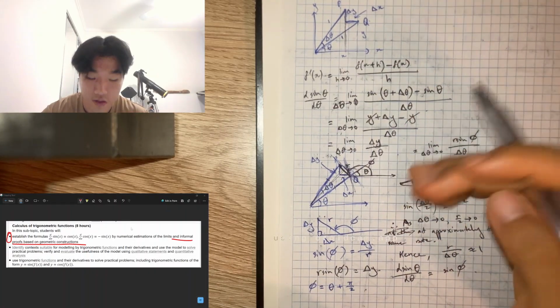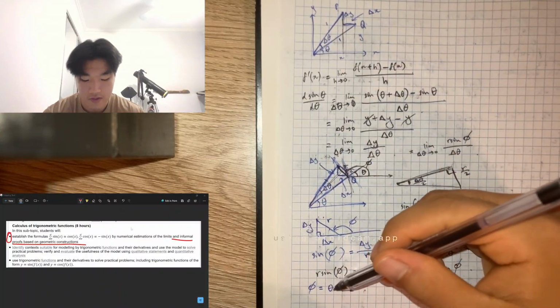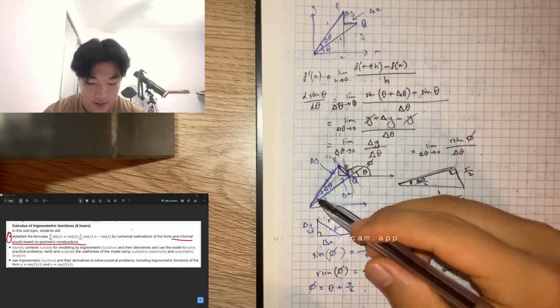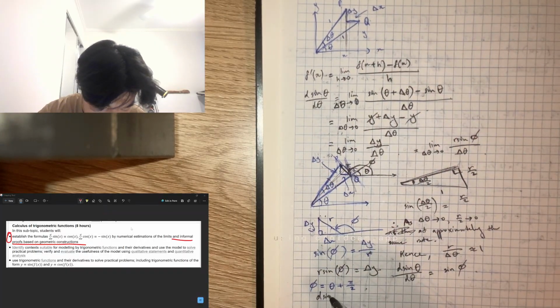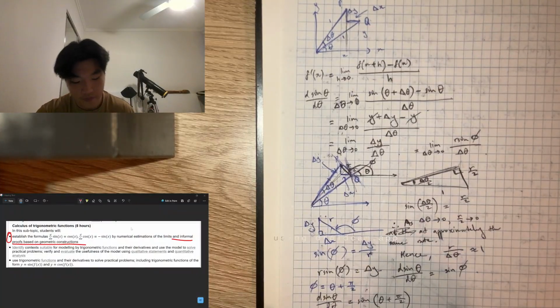They're perpendicular to one another, so that means this angle is 90 degrees. So phi is just theta plus pi over 2 when the difference is negligible. So then we can write that. We just sub in the value for phi. So we write theta plus pi over 2.